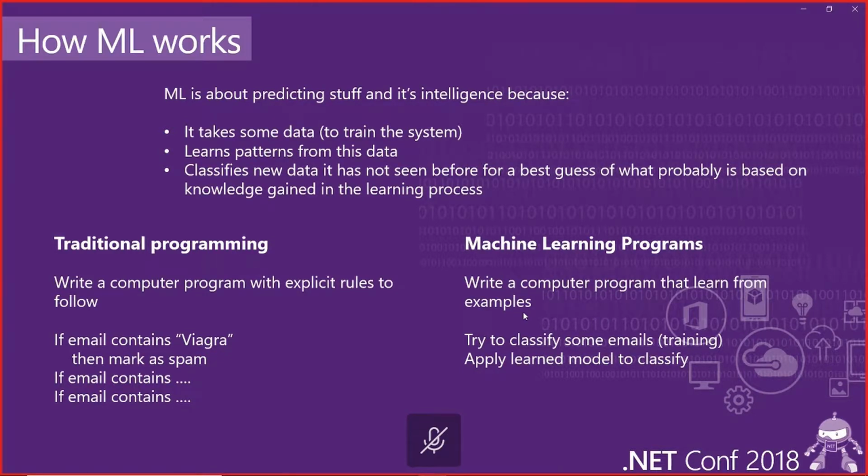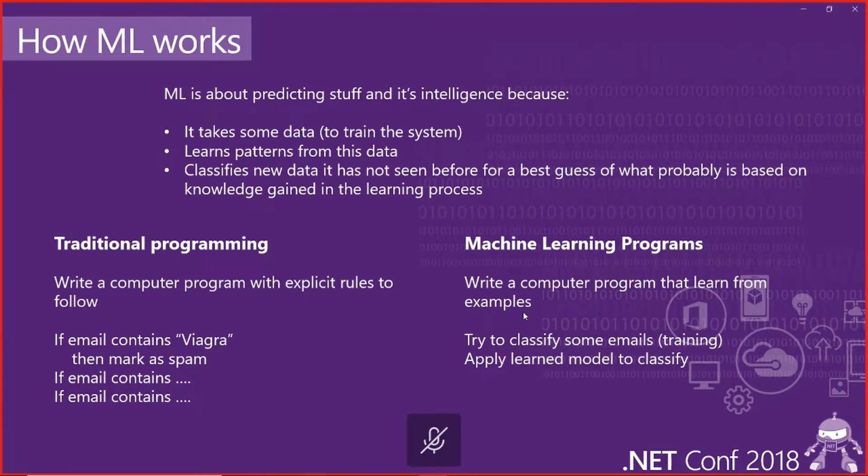So the difference between traditional programming, if we can take an example, maybe from a spam filter: if you were asked to develop a spam filter today with classical development, let's say C# development, what are you going to do? You're making a long list of if and then, so a long list of rules.